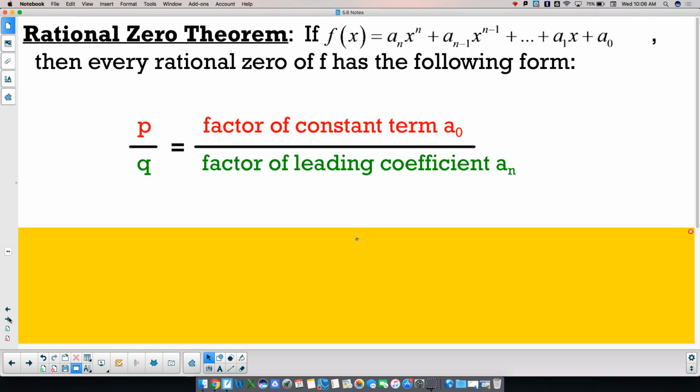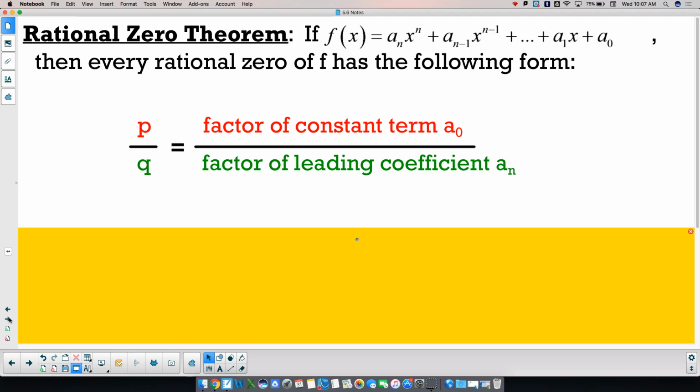If I have a polynomial function, and I don't have any of that extra information, like this is a factor, or this is a zero, find the rest of them, or factor it, then I use what's called the rational zero theorem.